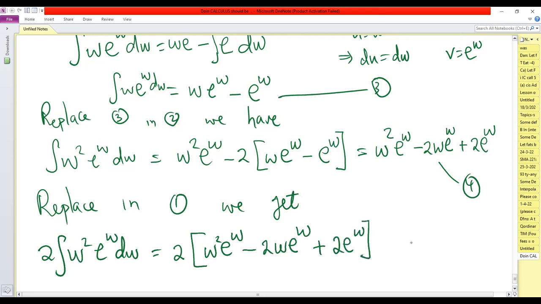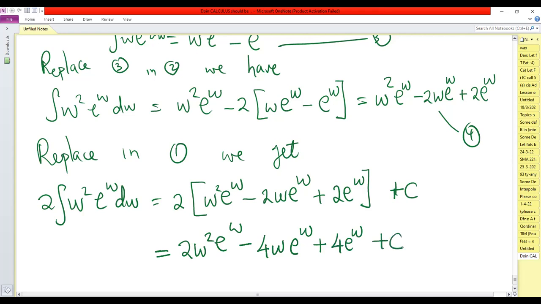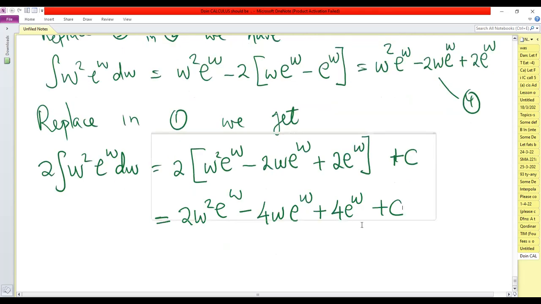But then I just add c because this was an indefinite integral. So which will give me 2w squared e raised power w minus 4w e raised power w plus 4 e raised power w, then plus c. But you see, w was our own creation.